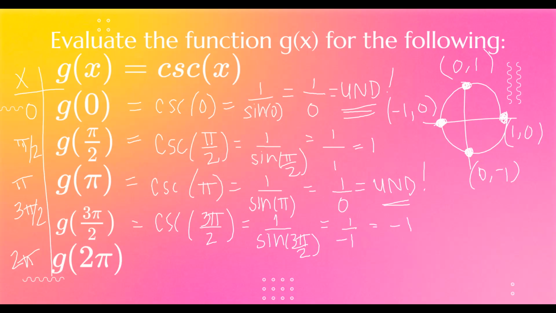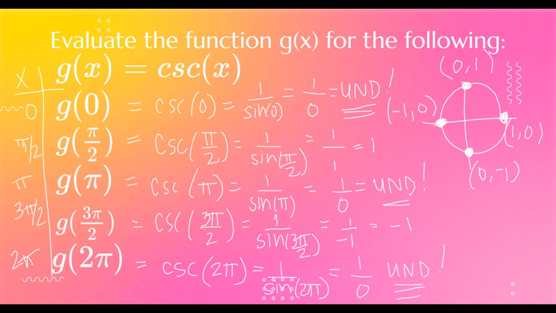And lastly, g of 2 pi is cosecant of 2 pi, which really means 1 over sine of 2 pi. And we've already discussed sine of 0 and 2 pi. They're the same thing, just one's 0 rotations around. 2 pi is 1 entire rotation around. So we end up with 1 divided by 0, which again is undefined.